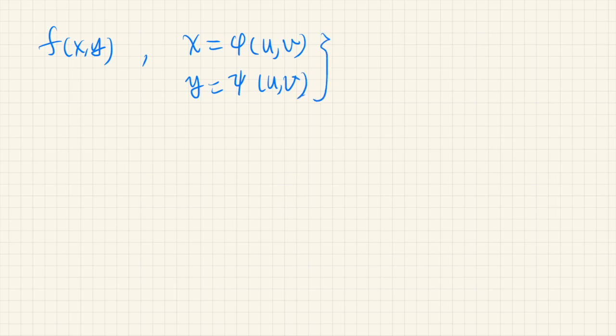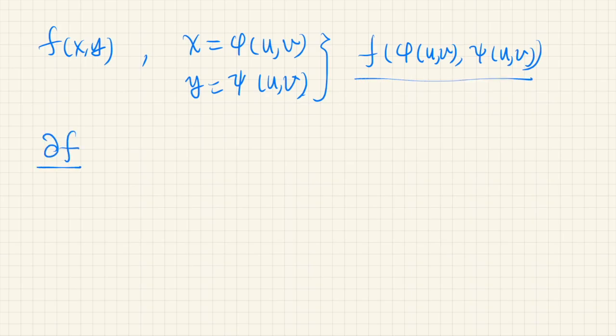Then we compose these functions to have f of phi of u and v, and psi of u and v. Now what we want to do is to find the derivative of this composite function f with respect to u or with respect to v.